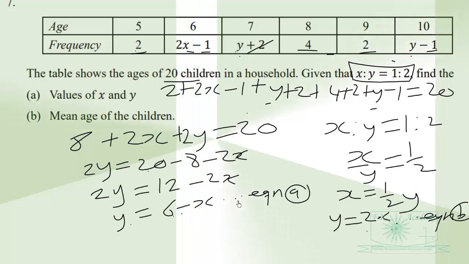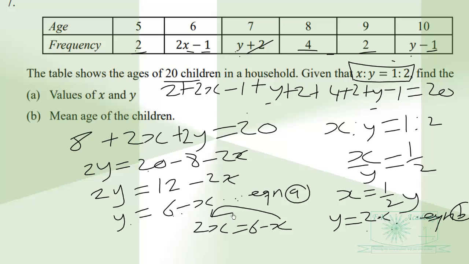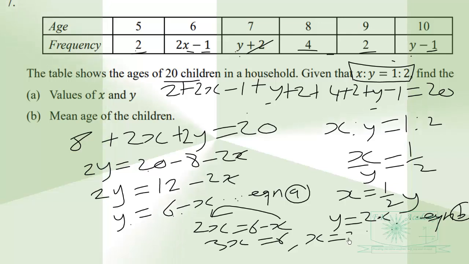That will give us 2x is equal to 6 minus x, or 3x is equal to 6, giving us x equal to 2. Now if x is 2, y will be equal to 2 times 2, which is 4. So therefore, the value of x is 2 and the value of y is 4.